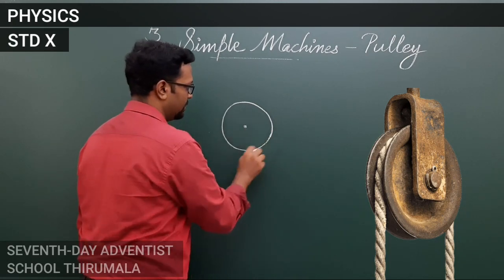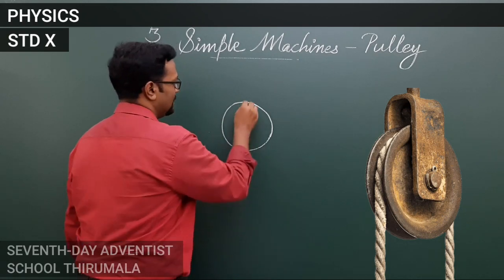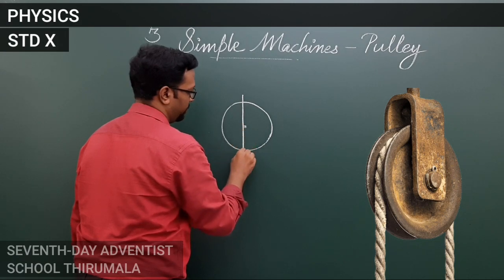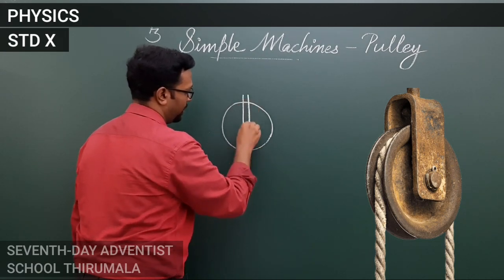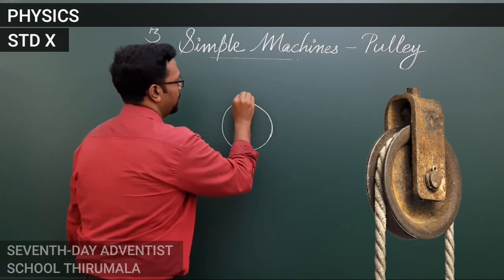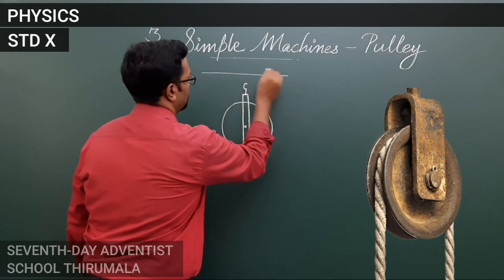The circular disc of the pulley rotates around an axis, and this axis can be connected to a frame. And usually this pulley will be connected to a rigid support.